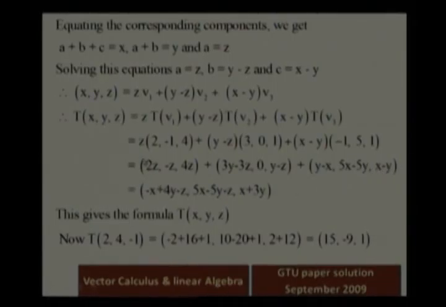Okay, just addition of these three vectors, finally we get easily minus x plus 4y minus z, then 5x minus 5y minus z, then x plus 3y.